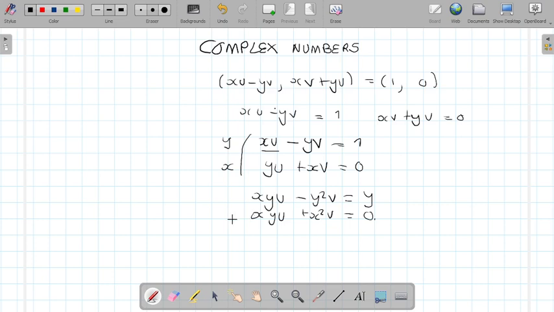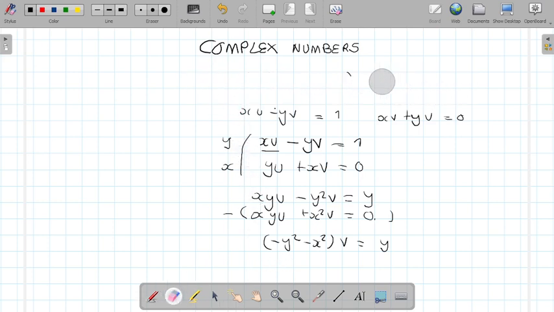Now you just have to subtract these two equations. By subtraction we get minus y squared minus x squared, times v, equals y. So to find v, you divide by minus y squared minus x squared. Why is it possible to divide?